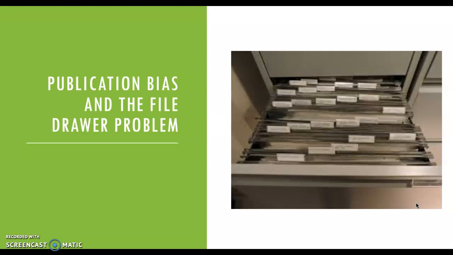While statistically significant results are published, statistically non-significant results are stashed away in research file drawers, nowadays in folders on their hard drives, where no one but the original researchers know about them. Thus, when you read a published study with a statistically significant result, you have no idea how many similar studies have been conducted with non-significant results.